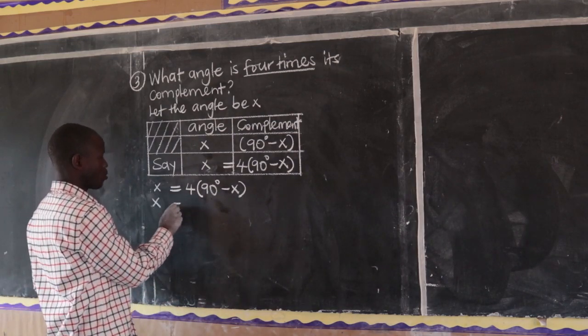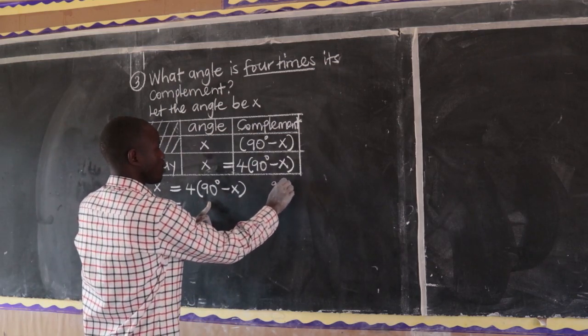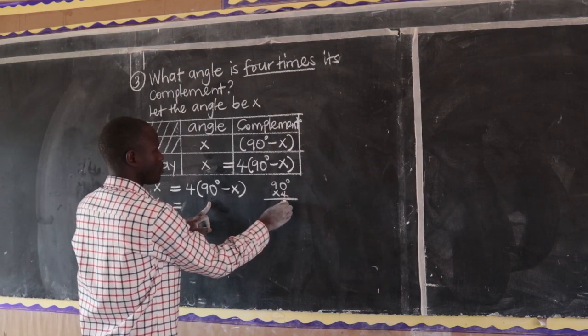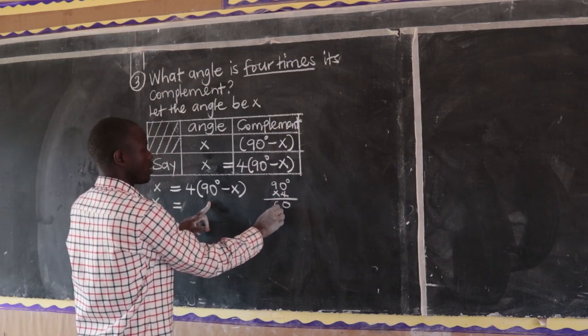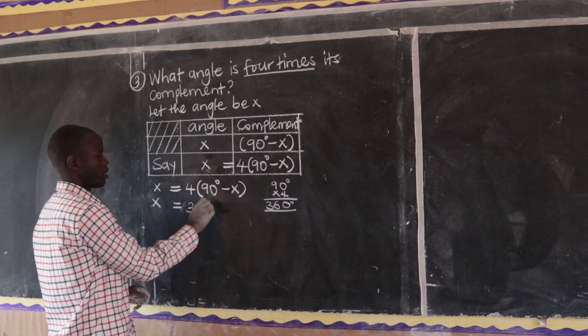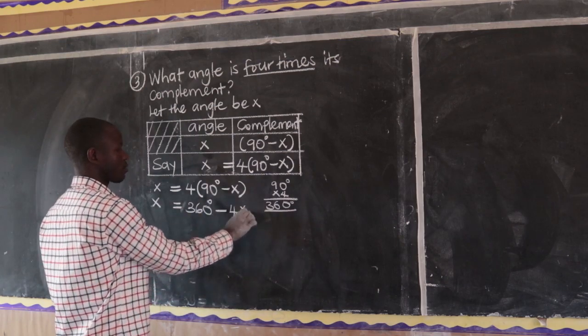So we have x is equal to 4 times 90 degrees. 4 times 0 is 0, 4 times 9 is 36. So we shall have 360 degrees minus 4 times minus x will be minus 4x.